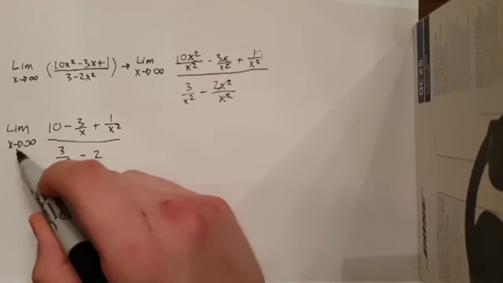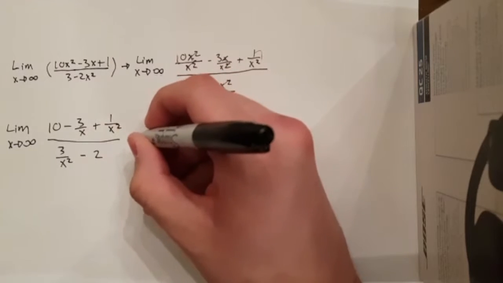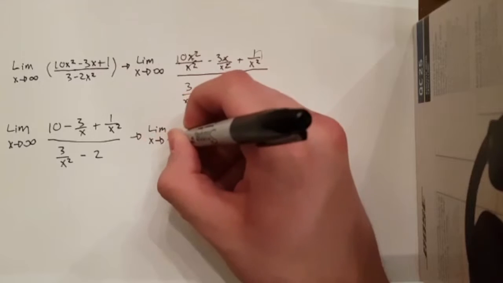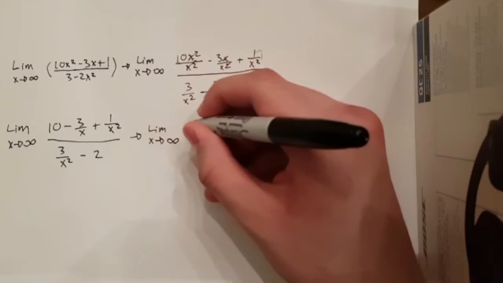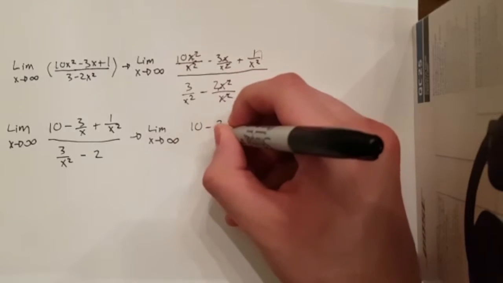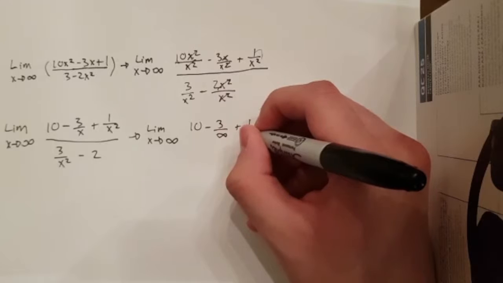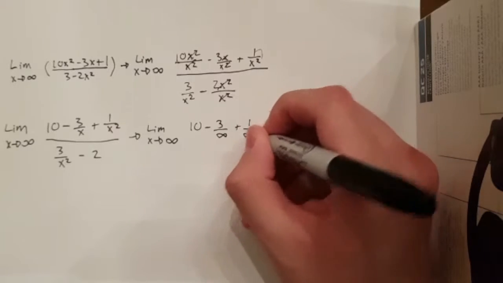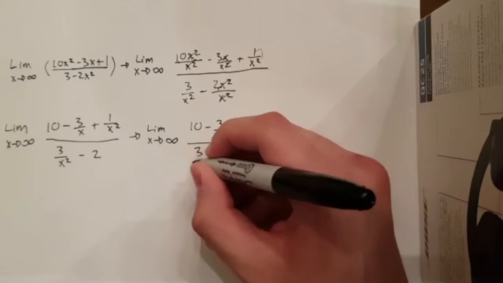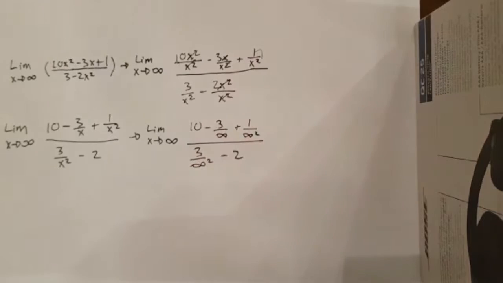So now we can plug positive infinity into the remaining x's. But again, we need to write the limit. We would have 10 minus 3 over positive infinity plus 1 over positive infinity squared, all of this over 3 over positive infinity squared minus 2.